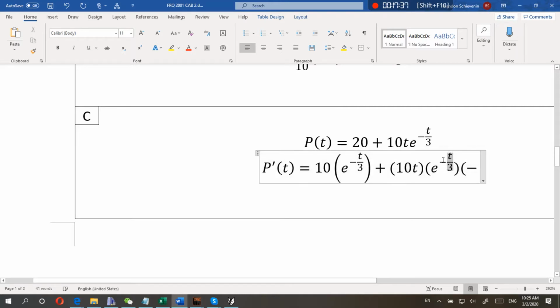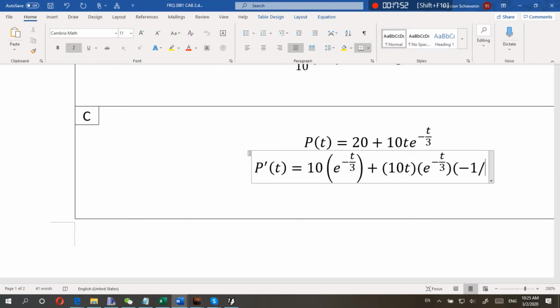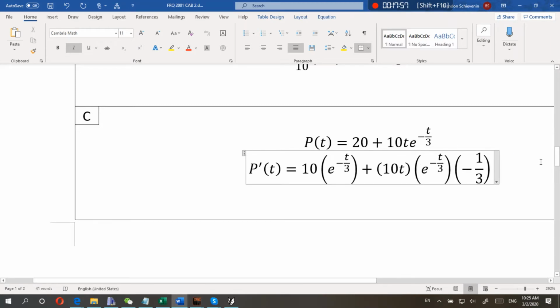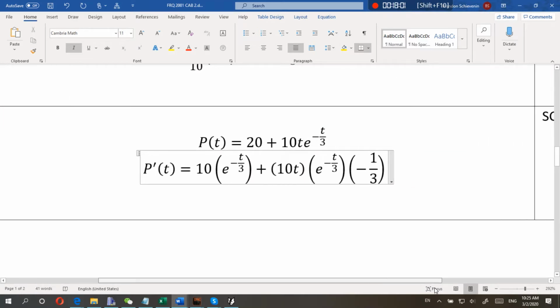So my power is negative t over 3. What would the derivative be? Okay, 1 over 3.